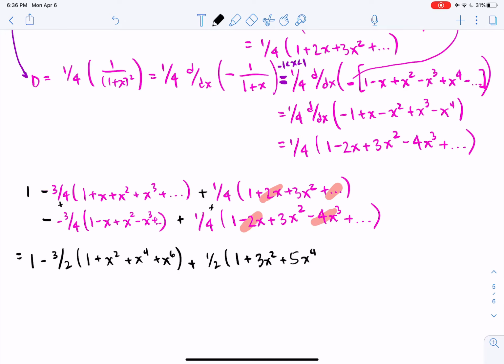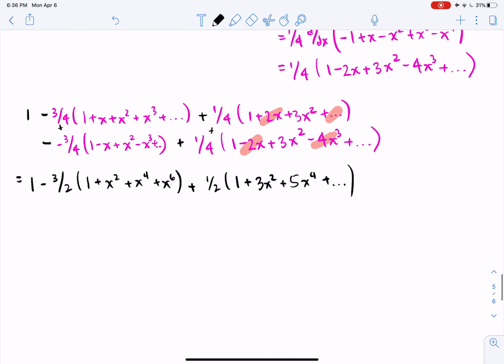Okay, now let's go ahead and combine these. One last step, everyone. So we have 1 minus 3/2 plus a half. That's our constant term, okay? Now, what parts of our power series have an x? We don't have any x terms. So what about our x squared terms? We'll have a negative 3/2 and a positive 3/2.